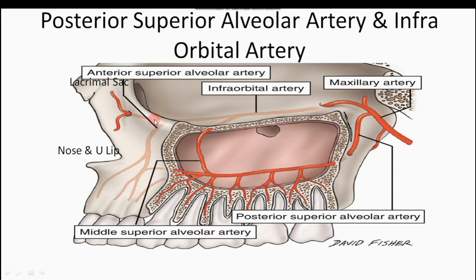Then the infraorbital artery continues ahead and exits from the infraorbital foramen.